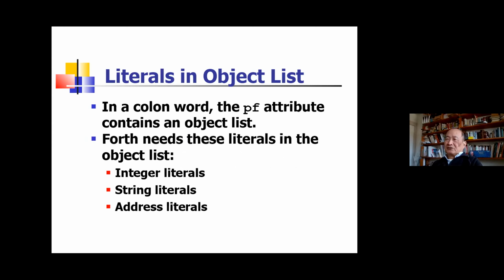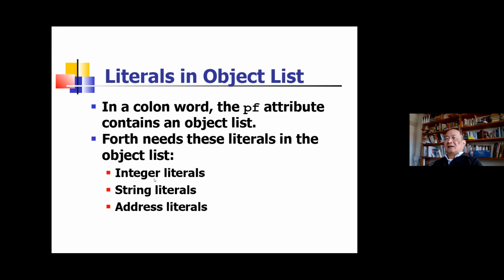We need to have integer literals, string literals, and address literals. So an integer literal is a do lit. You put that do lit followed by the integer, and you do the do string followed by a string, and the address literal is used by branch, zero branch, and do next.